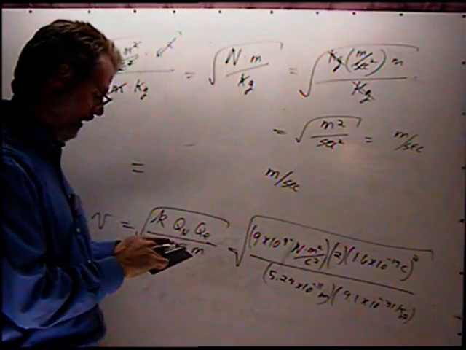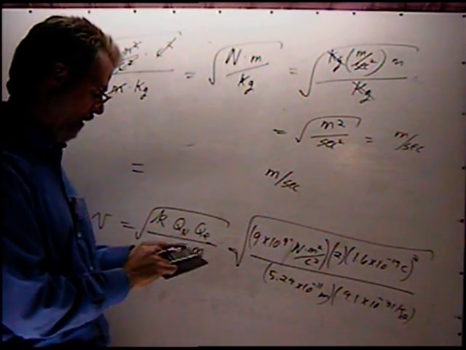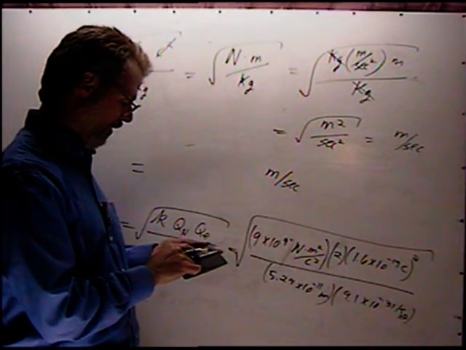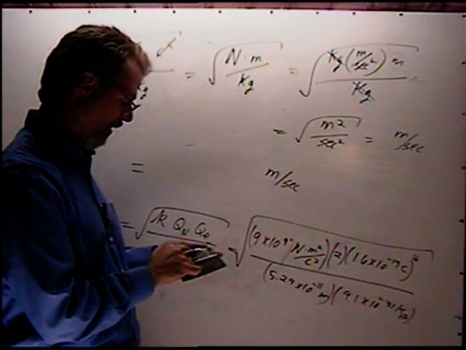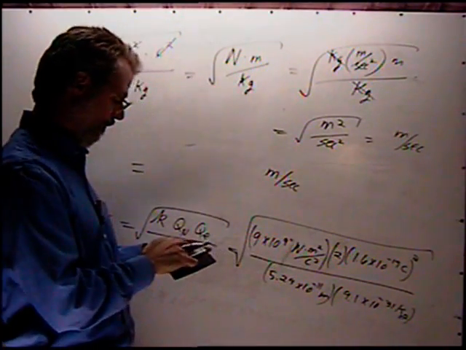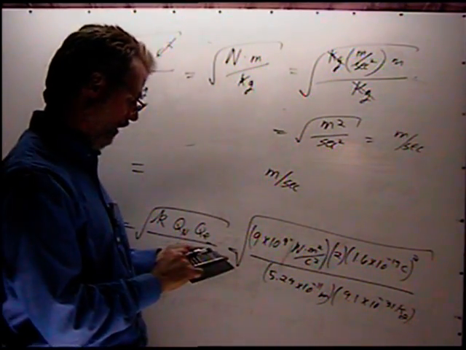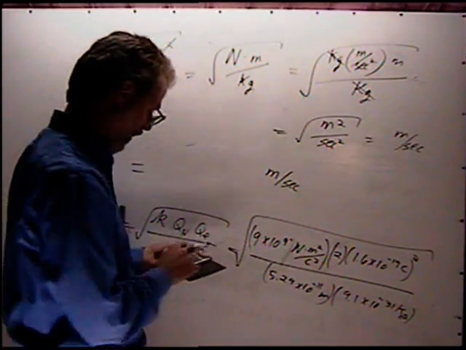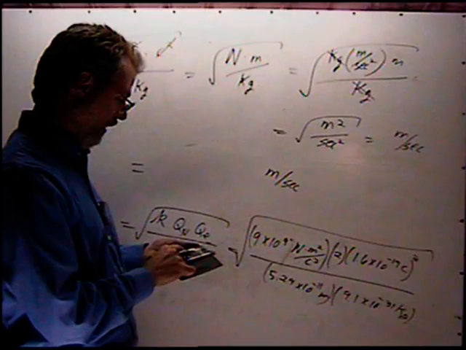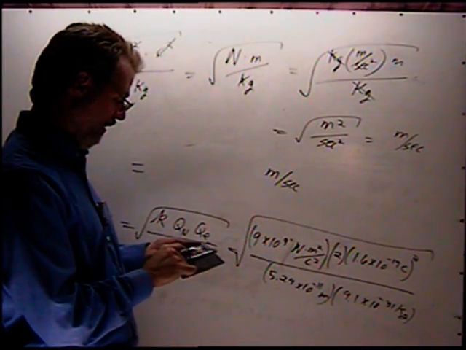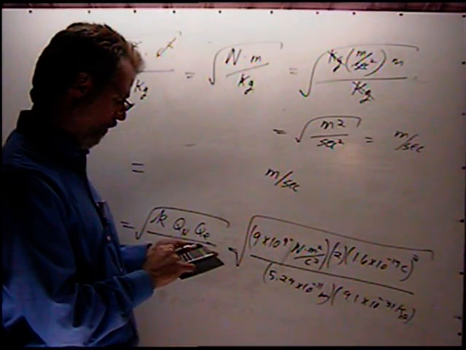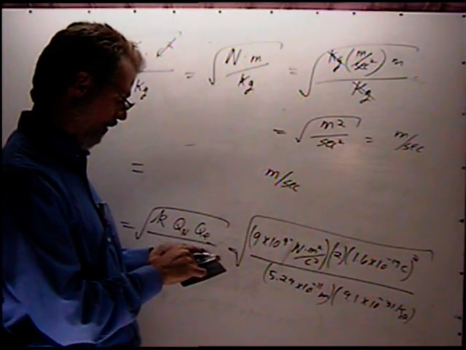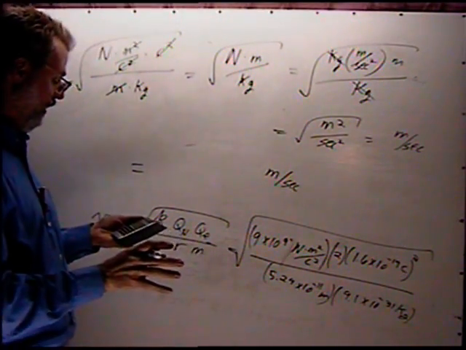And we get 9 e to the 9th times 2 times 1.6 e to the minus 19, and I square that. Could take a square root immediately, and we divide by 5.29 e to the minus 11 divided by 9.1 e to the minus 31. These are some awfully big numbers, and we take the square root of all of that.